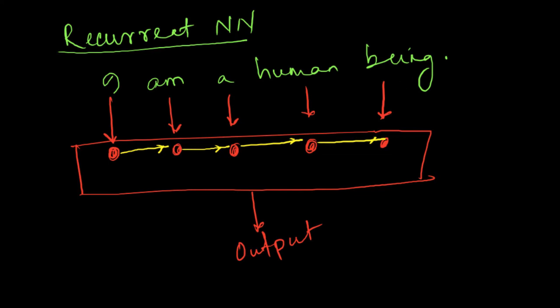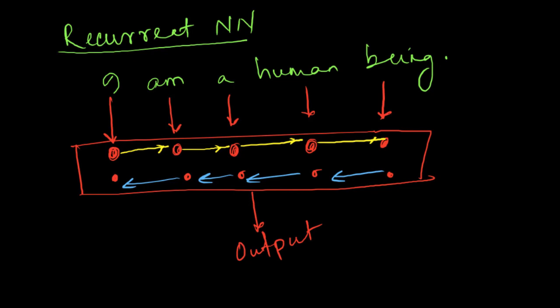Now this relationship can also be bidirectional, so you could have, for example, another layer of hidden layer nodes in which your information is passing in the opposite direction. These are called bidirectional RNNs and have also been found to be very useful for solving a wide variety of problems.